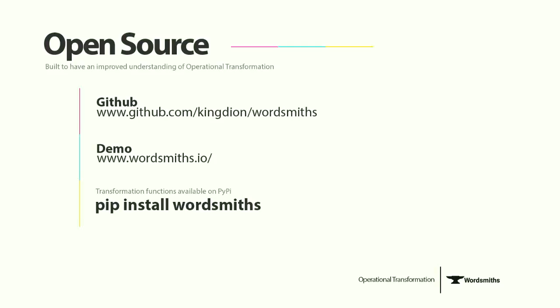It is to raise awareness of operational transformation, so others who are interested, like me, can learn, improve, and study the algorithm. You can read about the project on my GitHub repository up there. You can also demo it. There's a live demo up at www.wordsmiths.io, and you can play around with some of the features and demos which I'm going to be showing in the presentation.